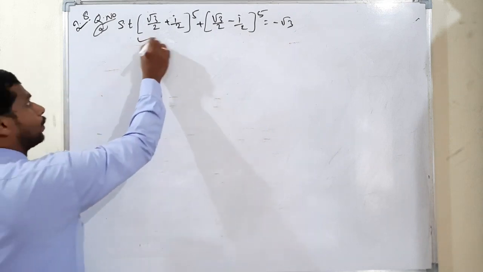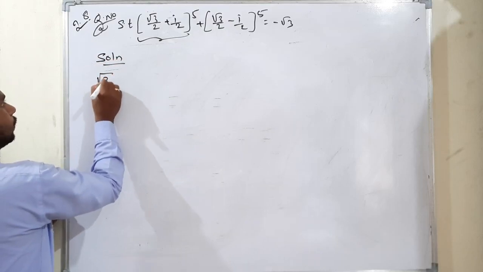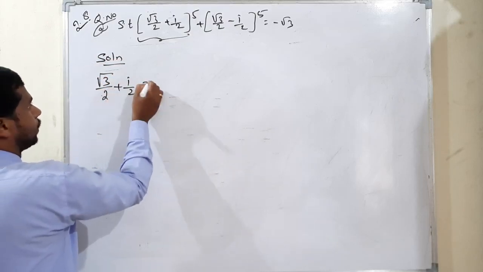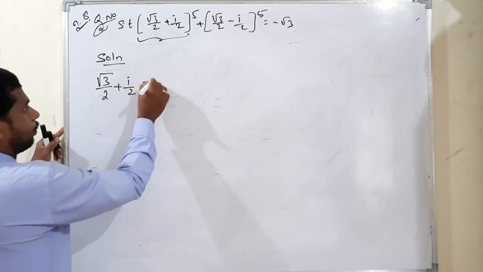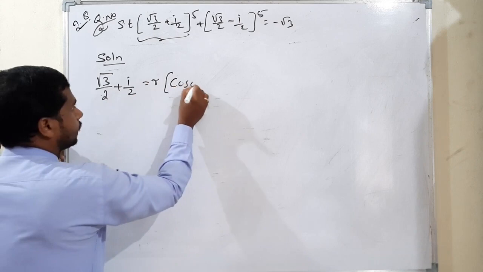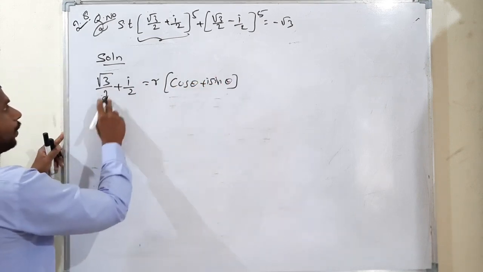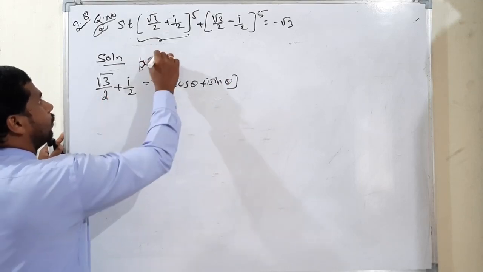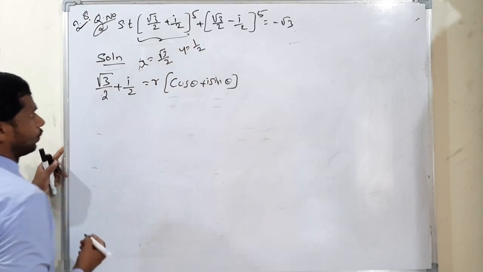First I will consider the positive term. Solution: root 3 by 2 plus i by 2 is equal to... The basic form is r into (cos theta plus i sin theta). So how do we find r? The x value is root 3 by 2, the y value is 1 by 2.